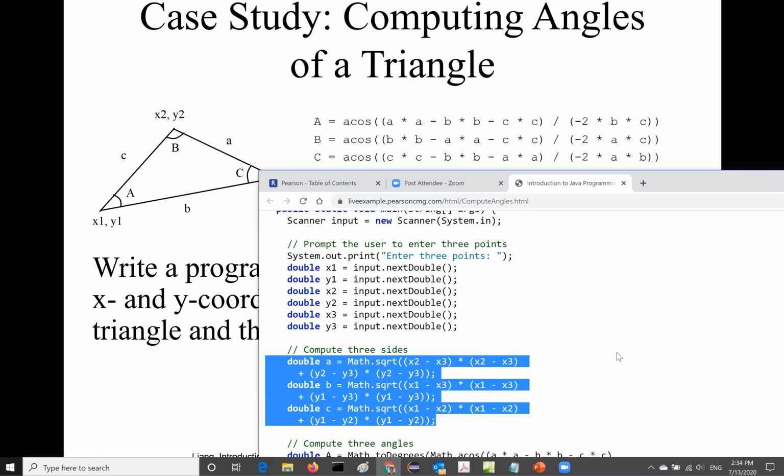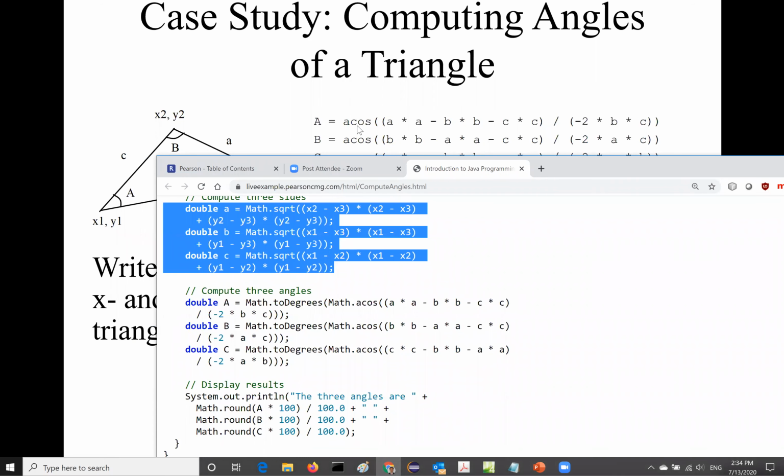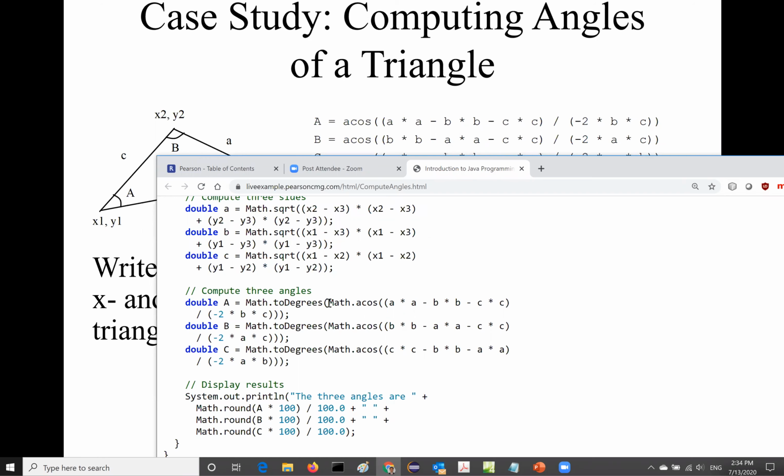Afterwards, we now apply the formula right here. So we're going to apply this formula using Math.acos, with A times A minus B times B minus C times C divided by -2 times B times C. So we're getting this angle in radians, and we're going to convert it into degrees.